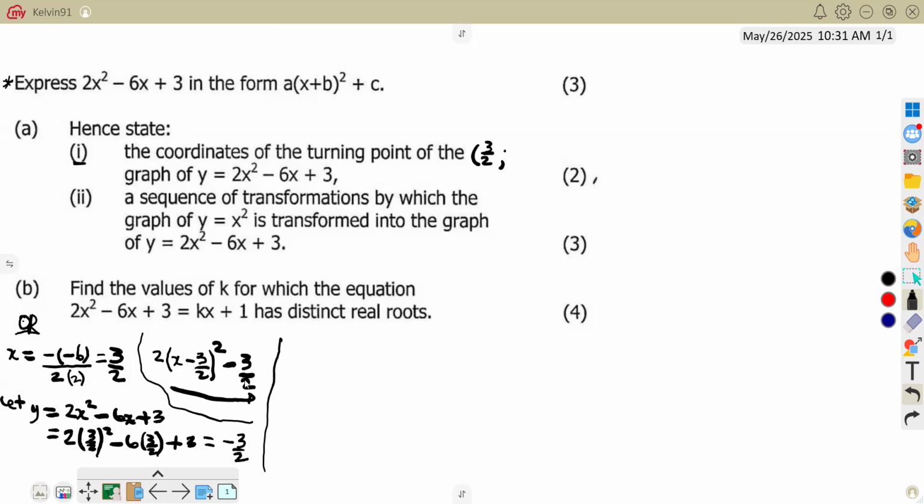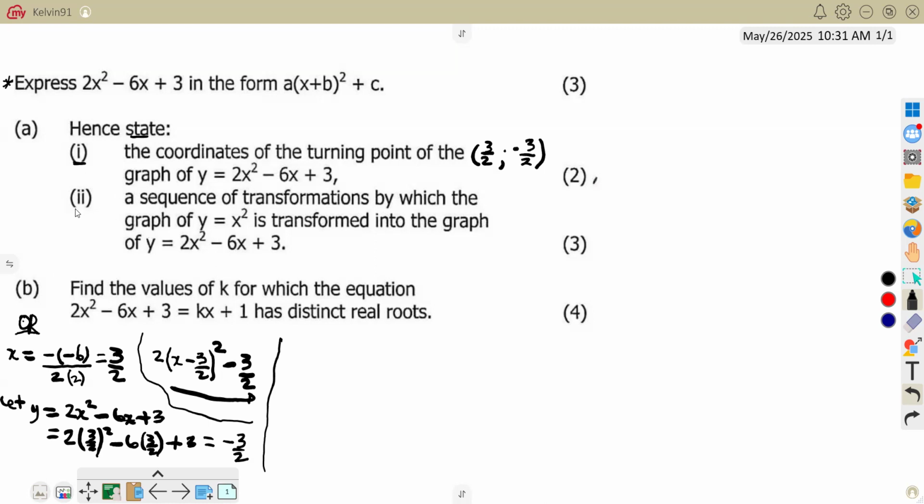Then the corresponding y value is going to be this part which is here, which is minus 3 over 2. Alternatively, instead of stating, you can calculate. But we have used this method already. So minus b over 2a, we get that one. Then y, we get that one.